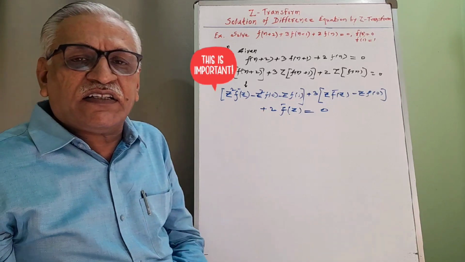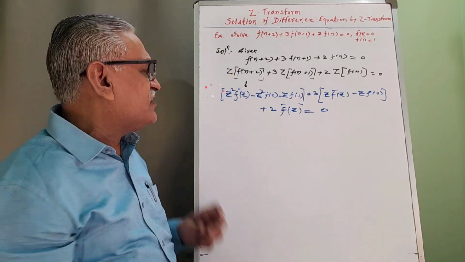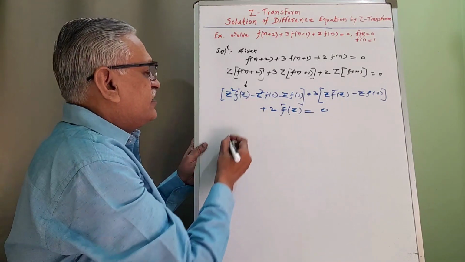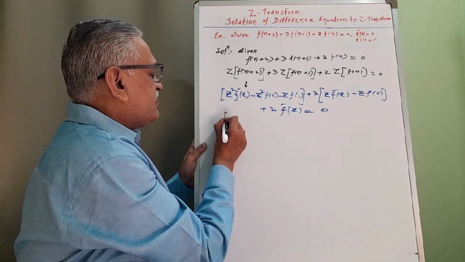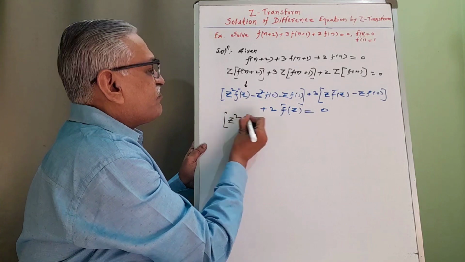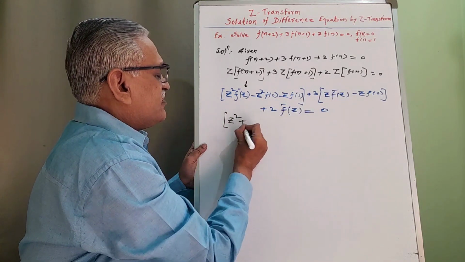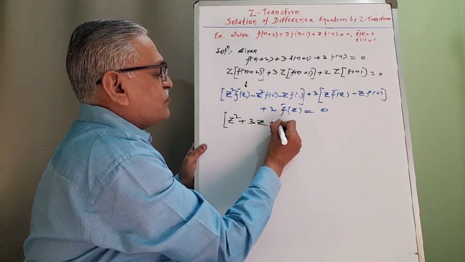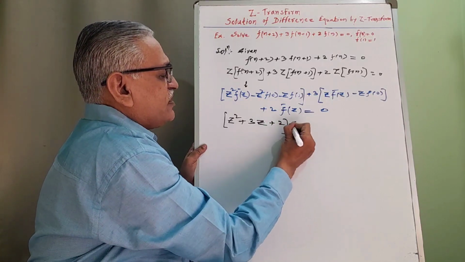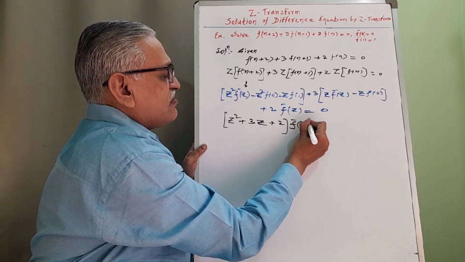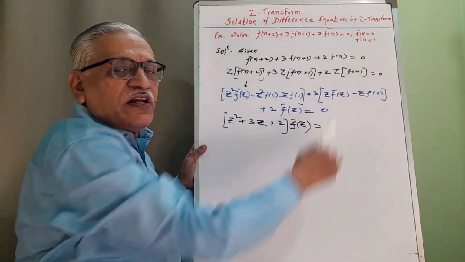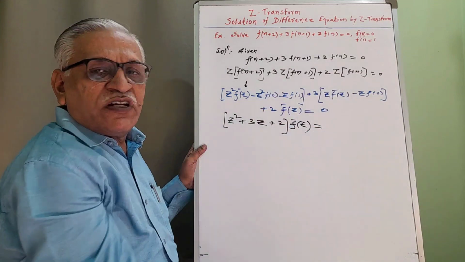Then collecting the terms of f bar of z, there are 1, 2 and 3 terms. In the separate bracket we get z square plus 3z and plus 2, and common is f bar of z, and that is equals to substituting the values of f of 0 and f of 1 and then transferring to right hand side.